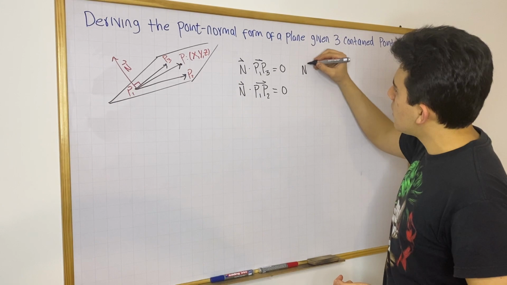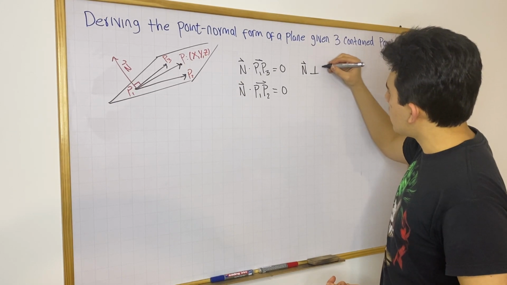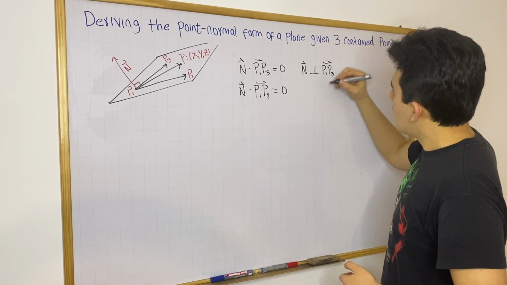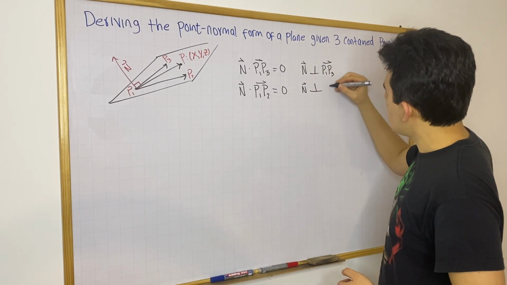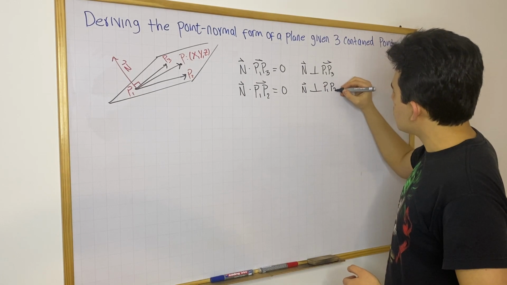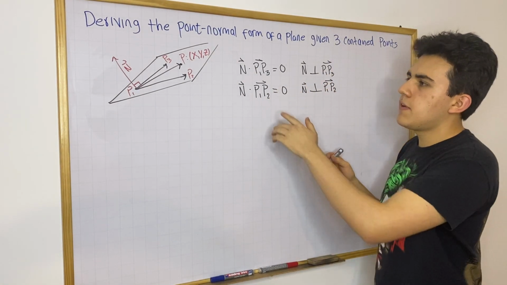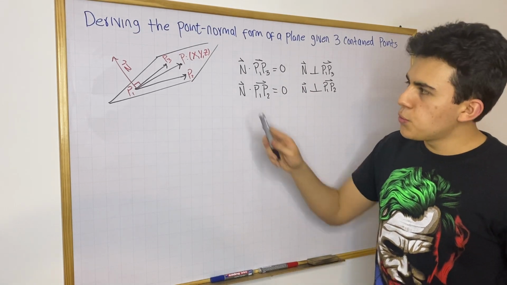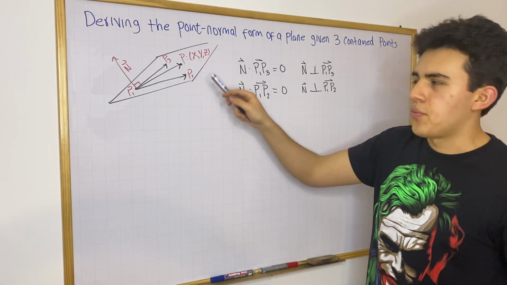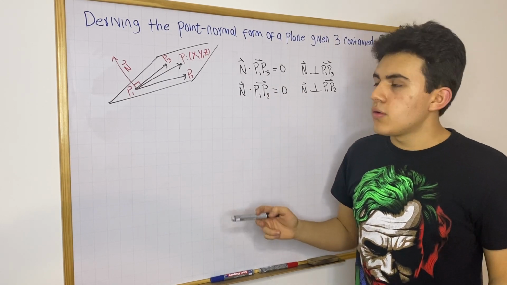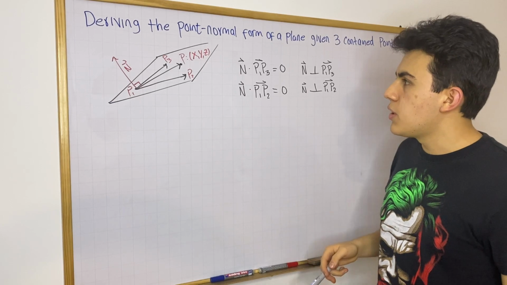We know that N is perpendicular to P1P3, and N is also perpendicular to P1P2. These are facts. Now, how can you use these facts to actually get an equation? That's where this xyz point comes from. We know that P1P3 is a known vector because we know the coordinates of P1 and P3.